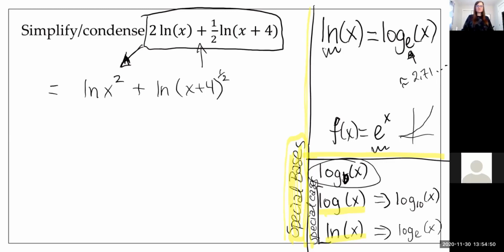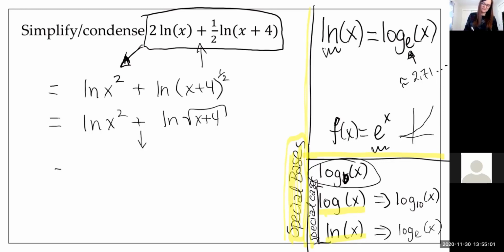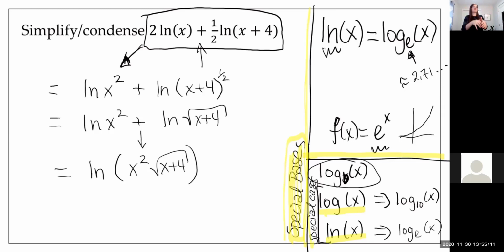So that was the power law. We also know that the exponent of a half is a square root. And then we also know that the plus is a times when you combine it together. So I know this is a bit complicated, but hopefully you can see that structure kind of coming back together.